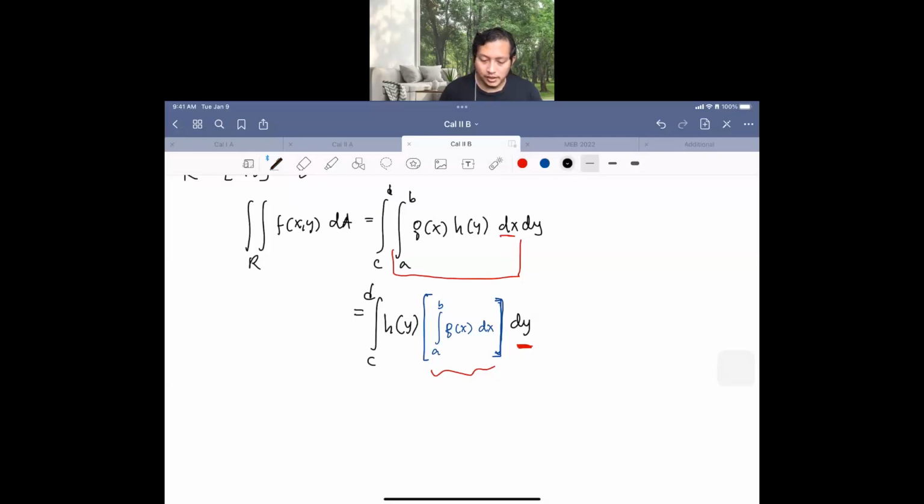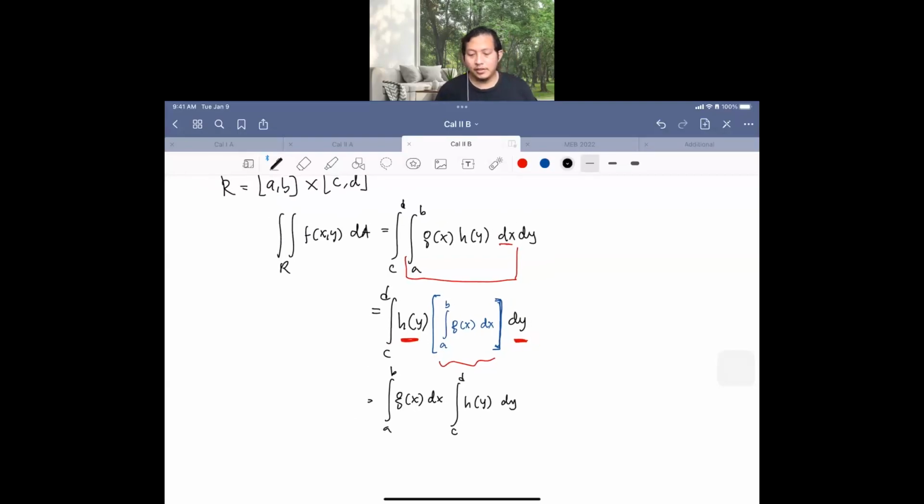The remaining part is affected only by this function of y, right? We can write the x part first: the integral from a to b of g(x) dx, and then the latter part, the function of y.